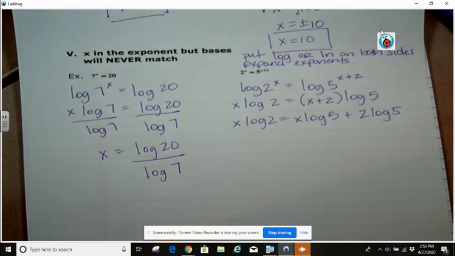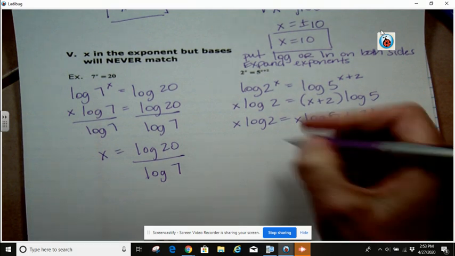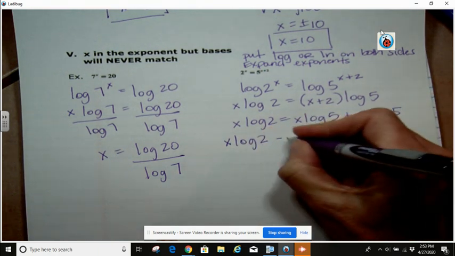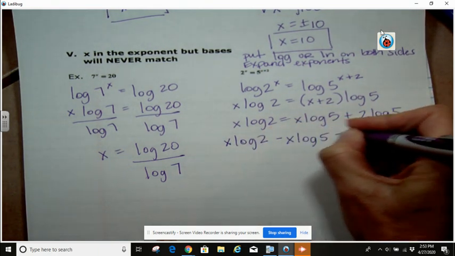So here's the thing. I'm trying to solve for x, but I have an x on the left and I have an x on the right. That's an issue. So in order to solve for a variable, I need that variable to at least be on the same side of the equation. Doesn't matter if it's left or right, but those two x terms need to be on the same side. So I'm just going to subtract x log 5 to get it moved to the left.